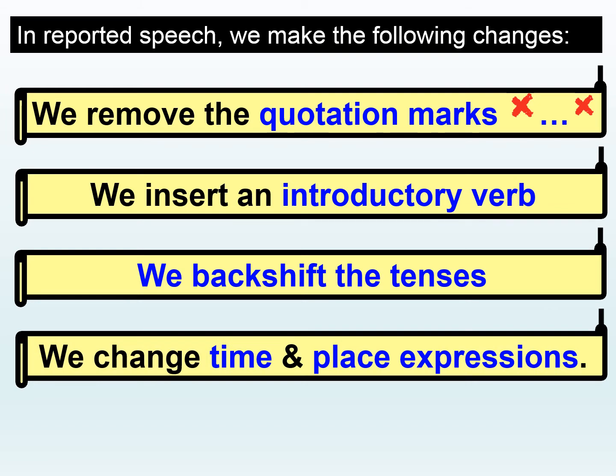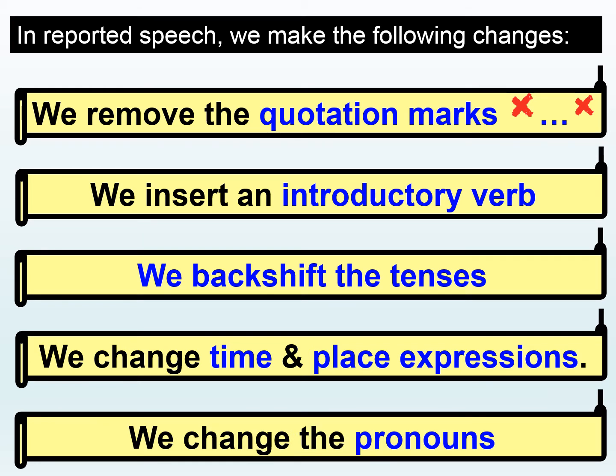We also change time and place expressions. Time, for example, today becomes that day. Place expressions like here becomes there. And we change the pronouns. I, for example, the speaker I, becomes he or she depending on the sex of the person.